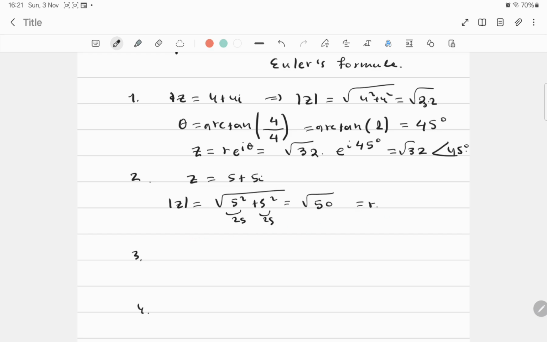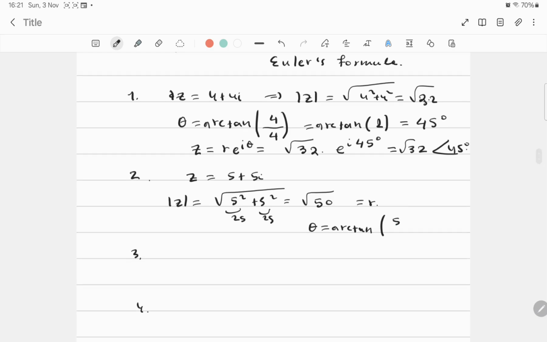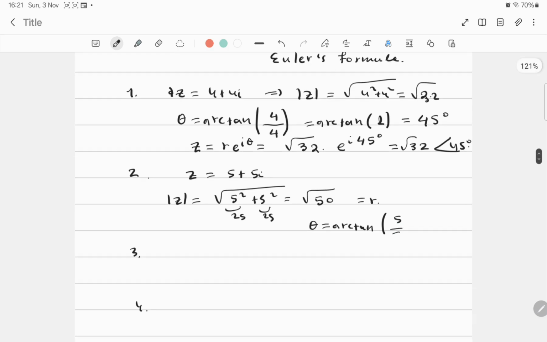This is my r, the radius. Then I take theta equals arctangent of the imaginary part, 5, divided by the real part, 5, so it's arctangent of 1, 45 degrees. So z equals square root of 50 e to the power of i 45 degrees.